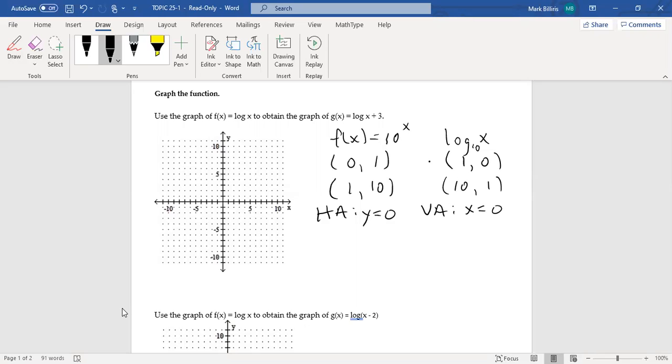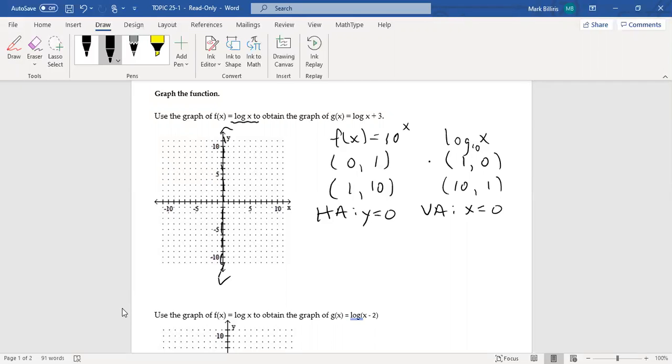So let's go ahead and graph the parent function, the log of x. We'll take this information we just got. The vertical asymptote means that the graph will not go beyond x equals 0, so it won't go to the left of or touch our y-axis.